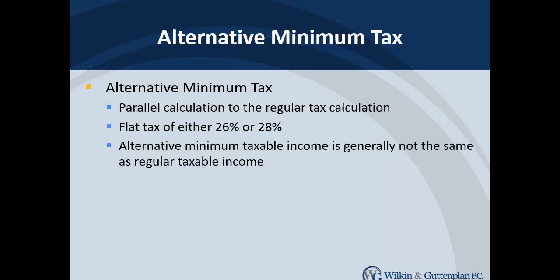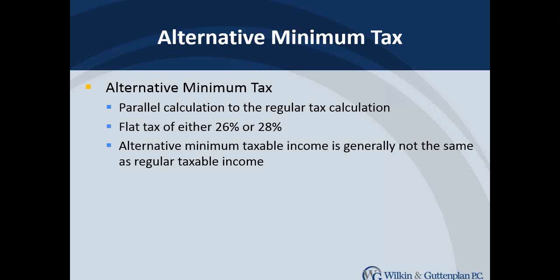Now, the other thing that's happening while we're talking about different tax rates and different tax structures is our alternative minimum tax. This is something that a lot of taxpayers are probably familiar with as a concept or term, but we'll go into a little detail of what it actually is. This is a calculation that happens parallel to our regular tax calculations.